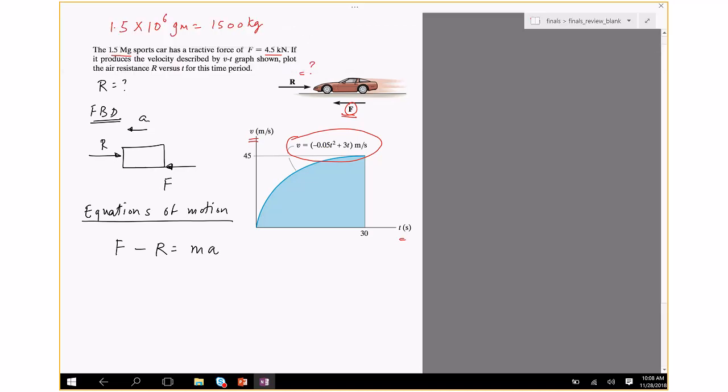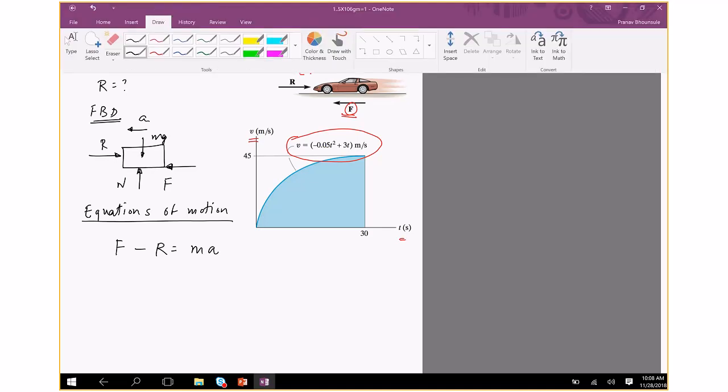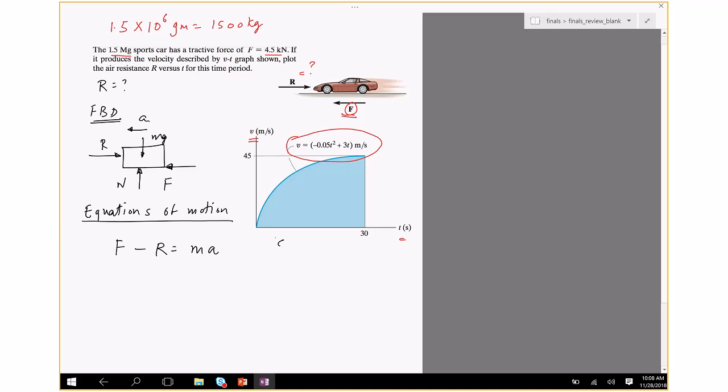Should there be a normal force? Absolutely right. It's good practice to draw all the forces, even though I'm not going to use N and mg in my equation. I still need to draw them. So this is the equation of motion in the x direction, Fx equals max, if you take x to the left.